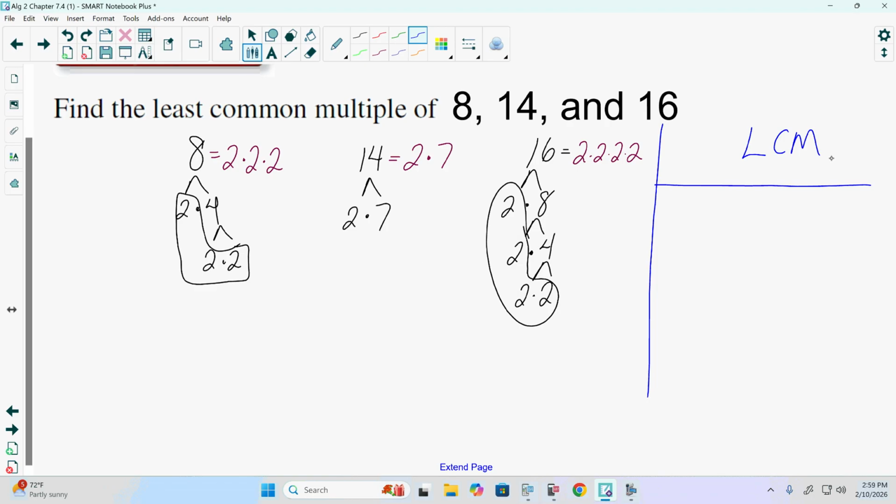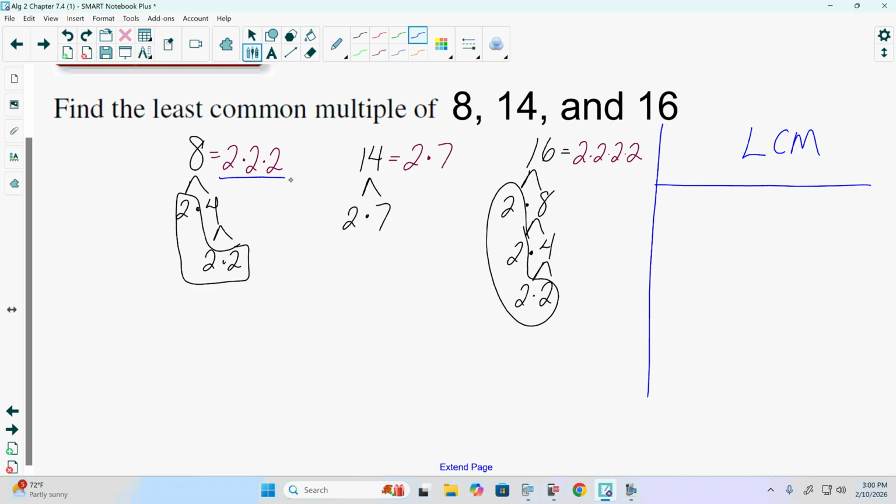Now, the least common multiple is going to have the most factors of each factor. So when we look at the three numbers, 8, 14, and 16, we're looking at the numbers that multiply together to give us those numbers, not the number itself, or the composite numbers. Now, it doesn't matter which order we look at the numbers. We can look at 2's first. And we take the number of 2's that's equal to the most 2's in any of the three sets of factors.